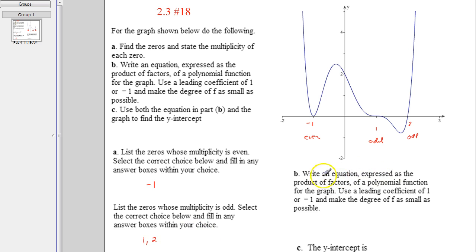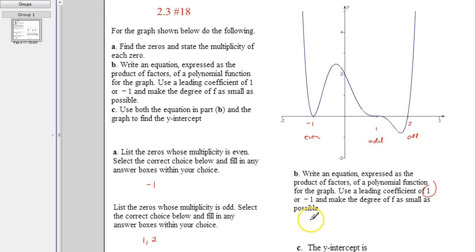Alright, and then write an equation that expresses the product of the factors of a polynomial function for the graph. Use a leading coefficient of 1 or -1. Well, this rises left and it rises right, so this is an even degree. If it does the same thing on both ends, it's even degree. And since it's up and up, that means it's a positive leading coefficient. So we're going to use 1 as our leading coefficient.